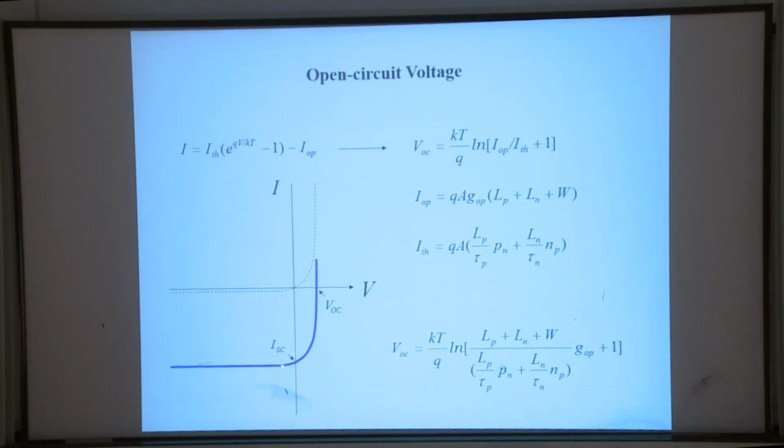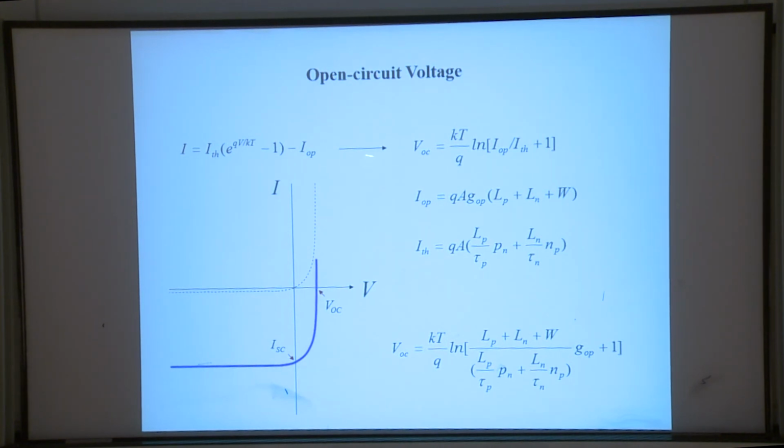Another point is ISC. SC stands for short circuit. That means I connect the wire together without putting in any load. So it's a short circuit: zero voltage, but a lot of current. These are two extreme conditions.